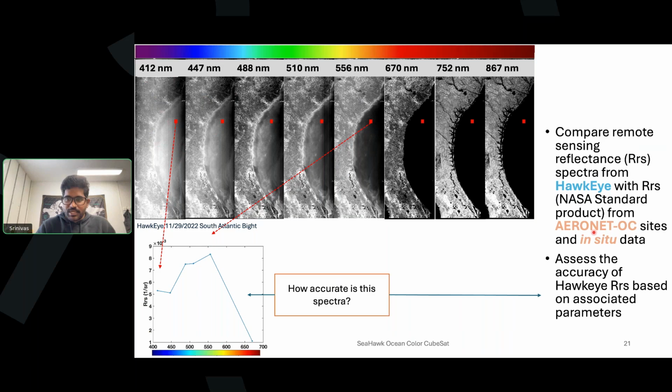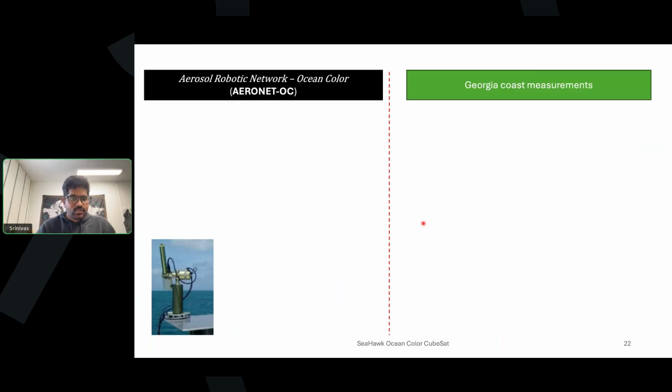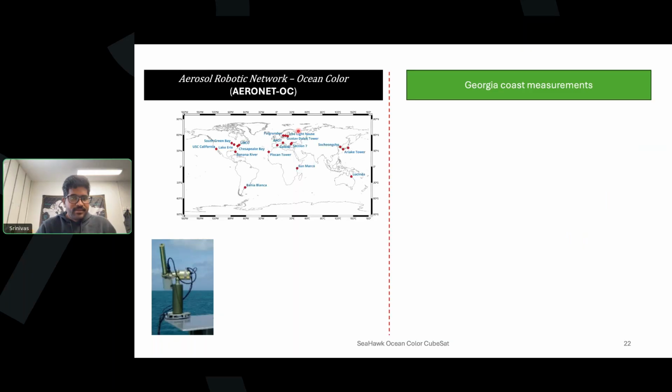We used 2 data sources: Aeronet OC and in situ data that our lab collected in coastal Georgia, and we also evaluated level 2 reflectance products with other associated parameters. The first data source is the Aeronet OC, and these are all the Aeronet OC sites. These are automated sites where a radiometer is installed in coastal or inland waters, and these radiometers collect data every day within plus or minus 4 hours of noon.